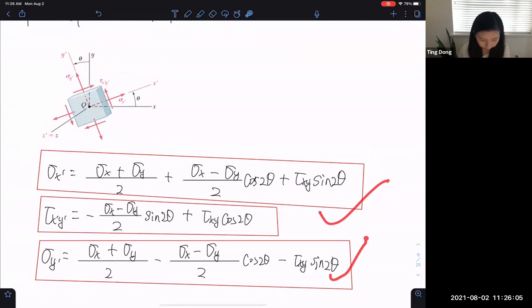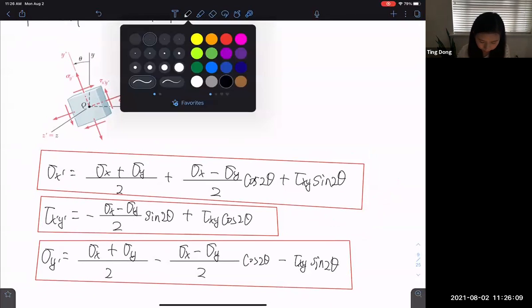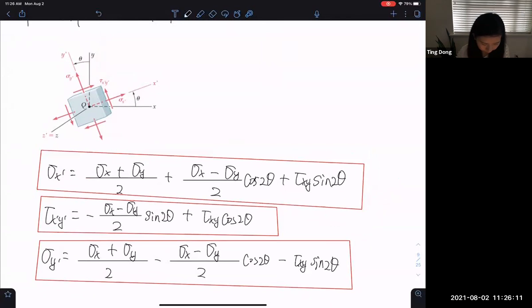And I think the part that might cause confusion is the definition of theta.